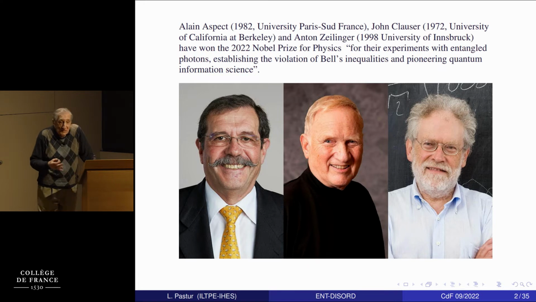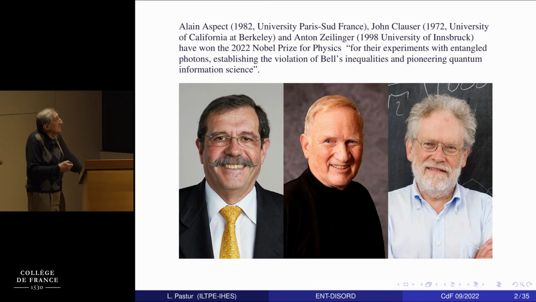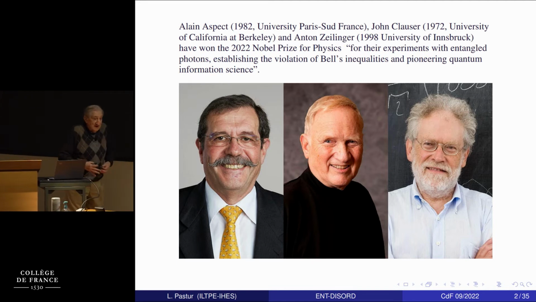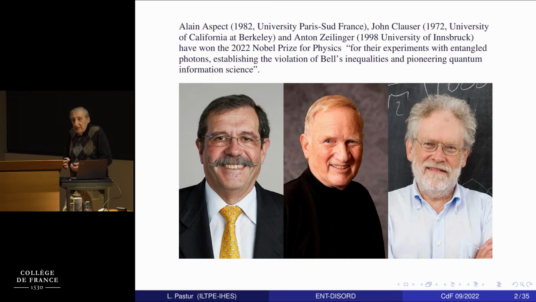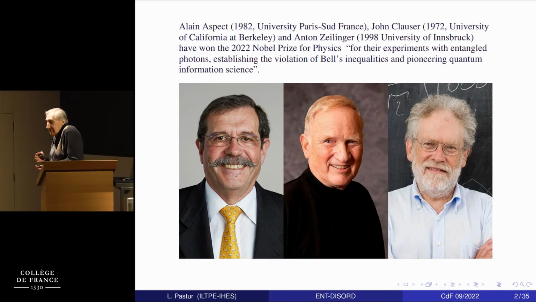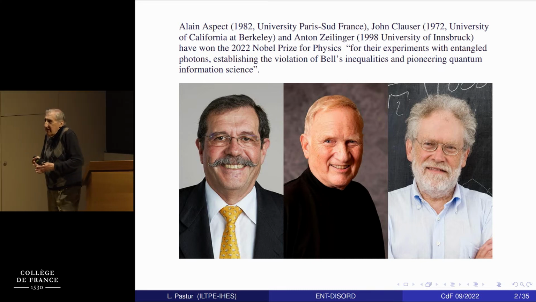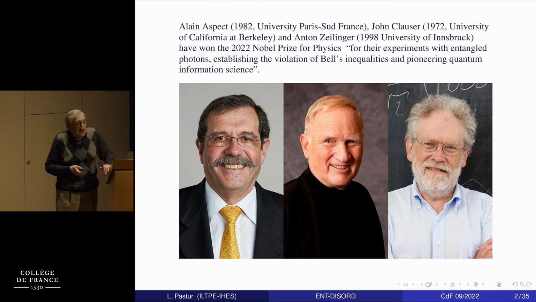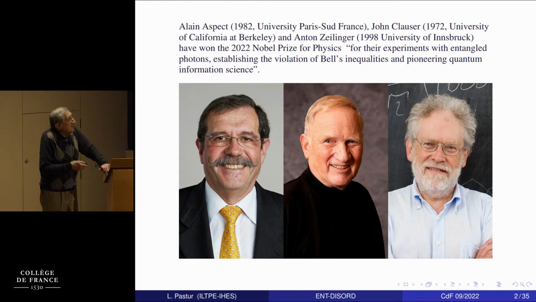Unfortunately, I have no time to discuss this quite interesting subject. The first experiment was the very first, but people quickly recognized that there were certain loopholes. It's quite complicated logic to apply this inequality, so it was a simplified version in the experimental setting.